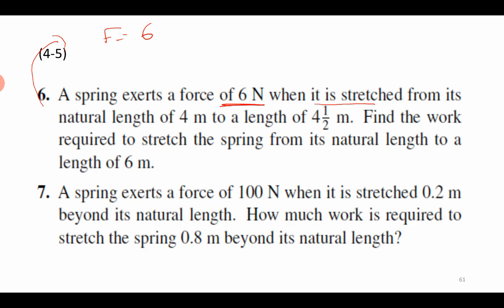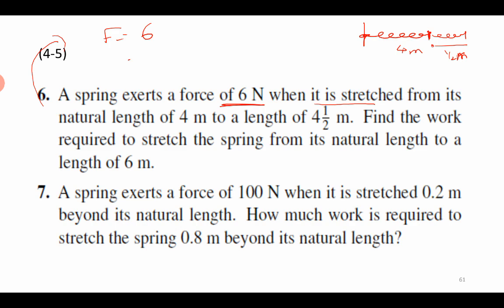When the spring is stretched, see, the spring is here, and its natural length is 4 meter, and from here to here you are stretching 0.5, half a meter, extra. So when it is stretched, the spring exerts a force of 6 N. The force here is 6 Newton and the distance is half a meter.